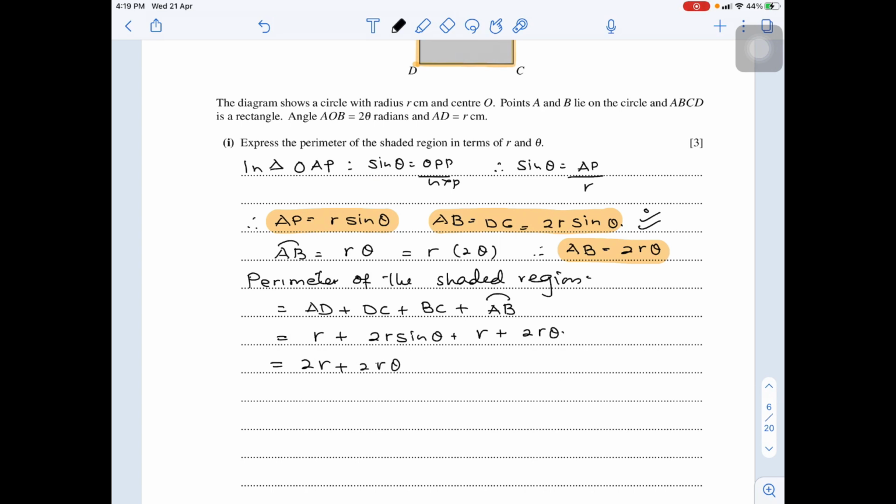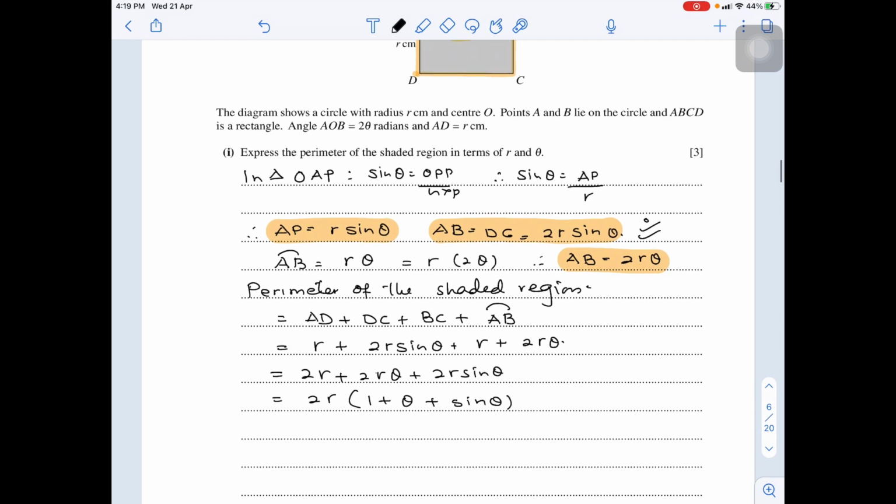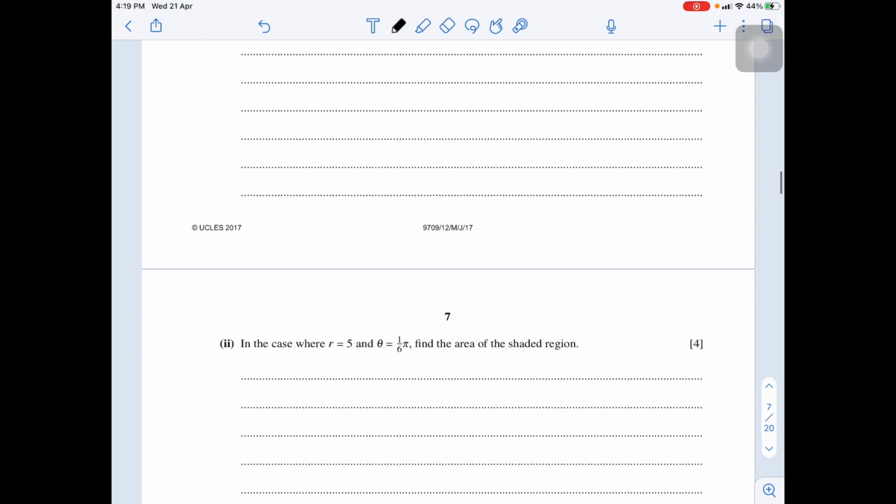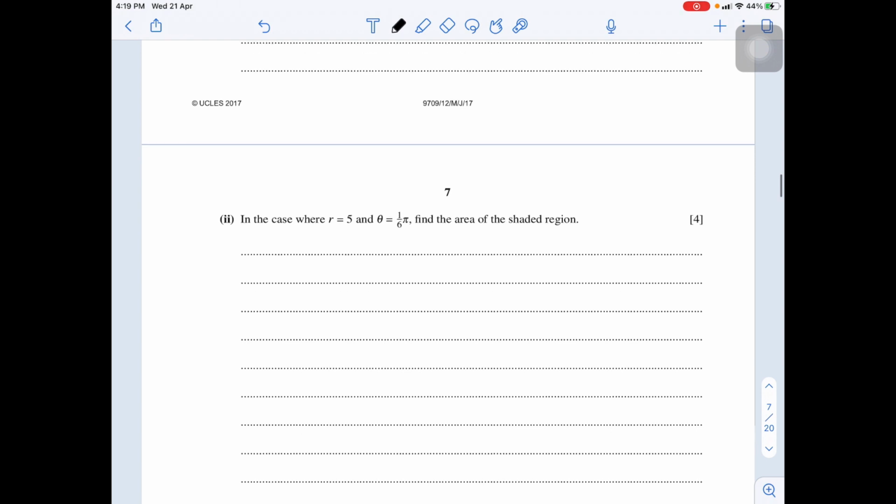So I can write equals 2r plus 2r theta plus 2r sine theta, which is same as 2r common in all, 1 plus theta plus sine theta. All right.